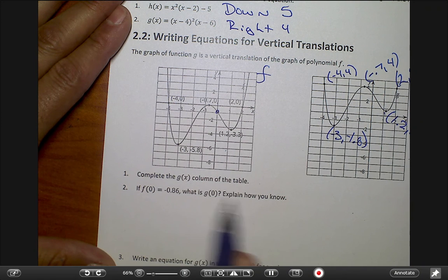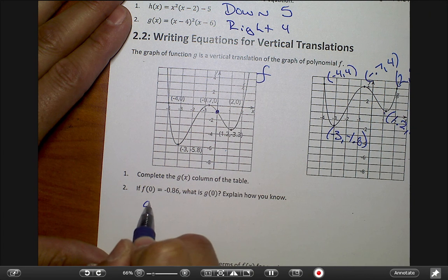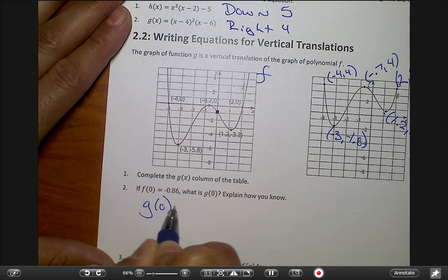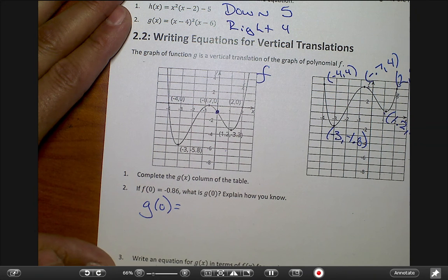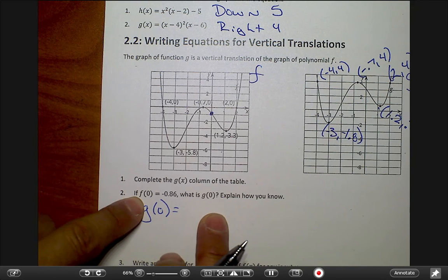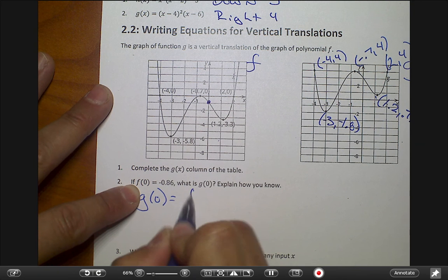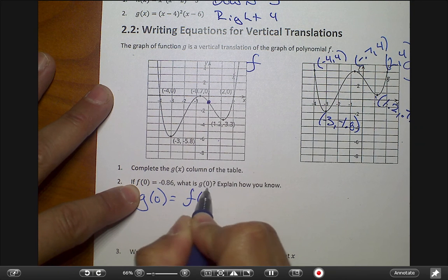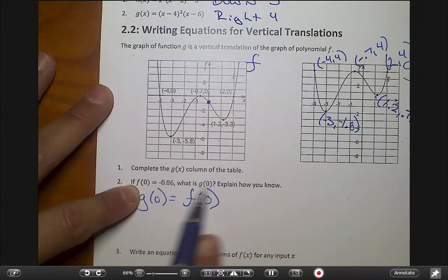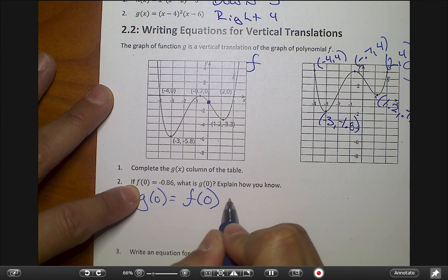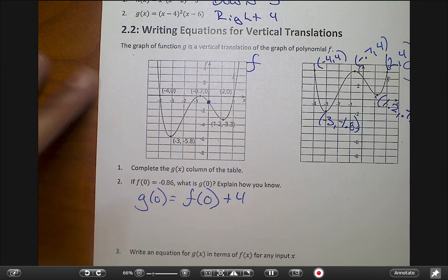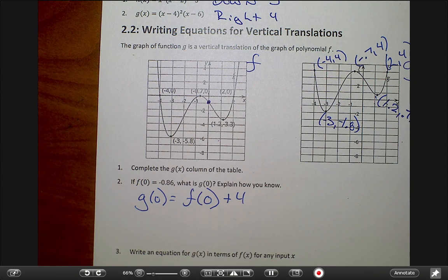What would I do to find g of 0? I know that g of 0 would be equal to whatever f of 0 is, right? So it's whatever the y value is, and I'm going to do what to it? Plus 4.